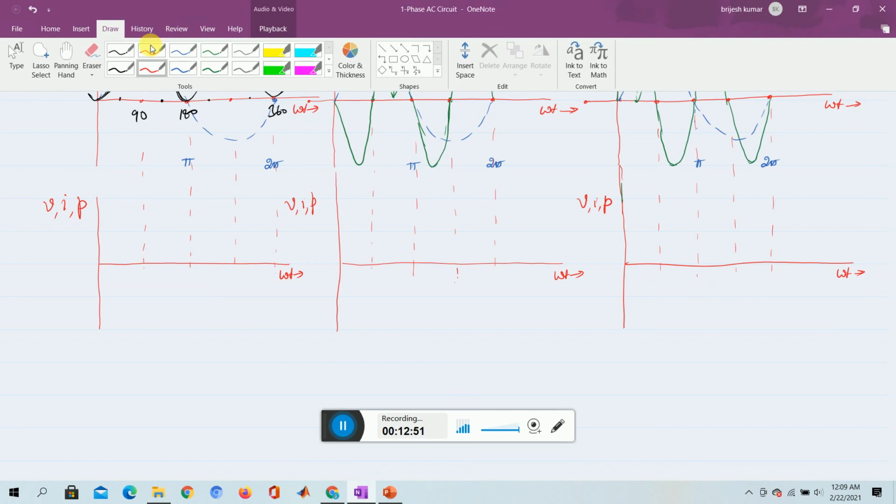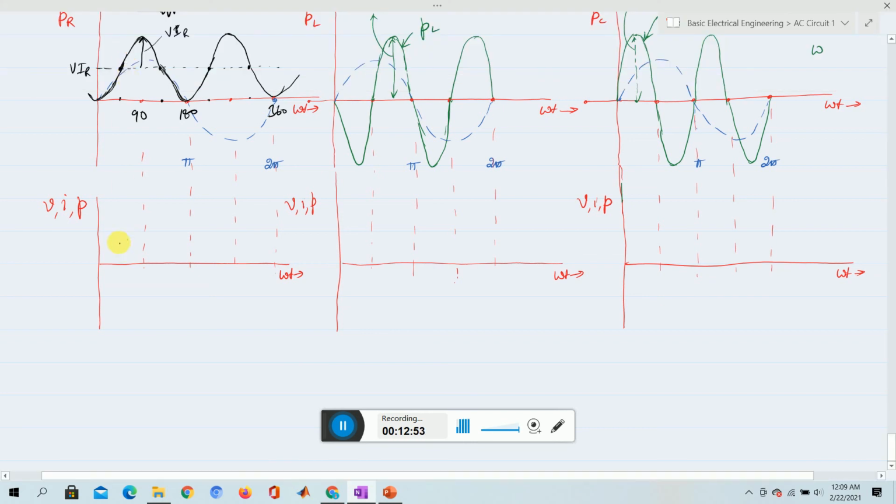So let us draw the sine waveform taking this height as peak value. Okay, now we have a sine waveform ready, and the current waveform will be the same height.